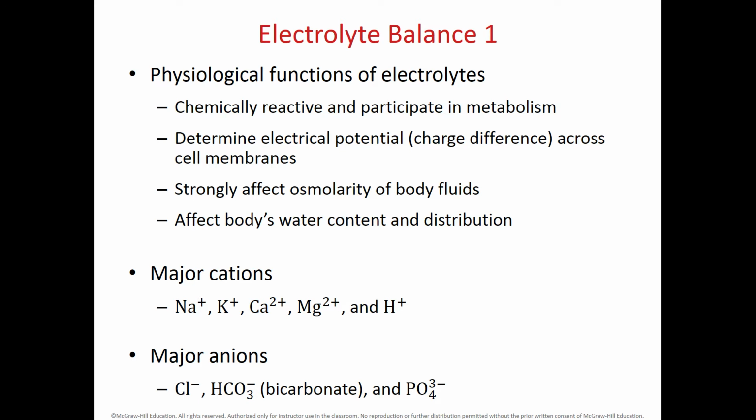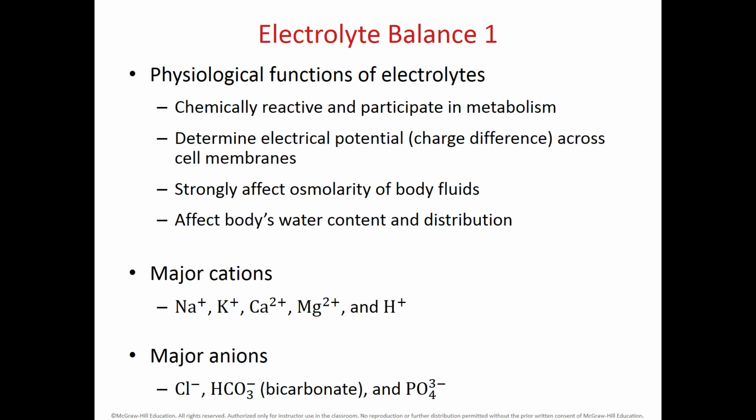And they will be present in different concentrations, and they will participate in an exchange of electrolytes between these two compartments that in some cells, like excitable cells like the neurons and the muscle cells, will help them to function because of this exchange of ions.